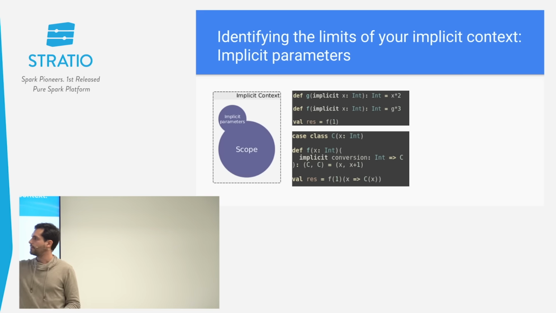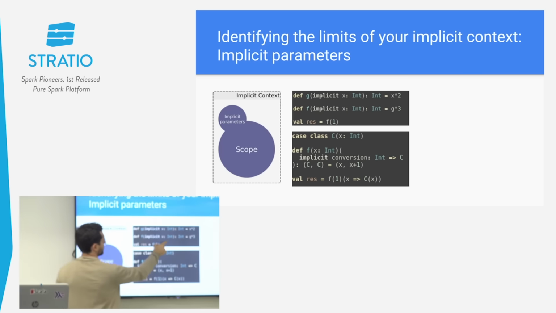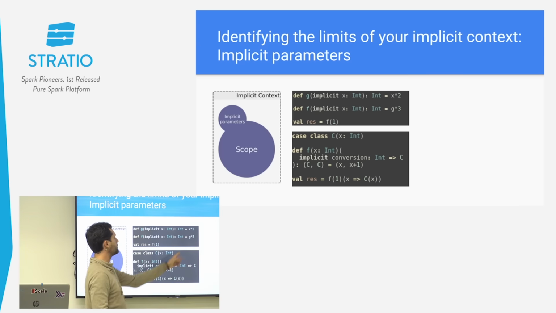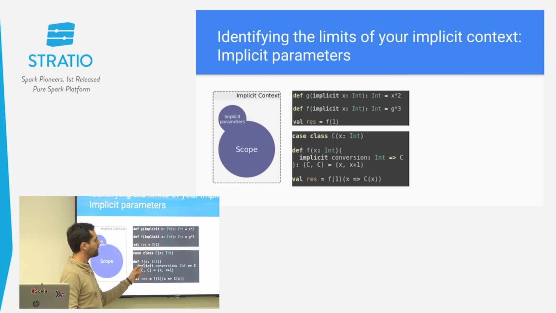So we have another function, f. f is exactly the same, receiving a value of type Int and returning it. But it is calling g. As you can see, the call of g is without anything. There is nothing there.